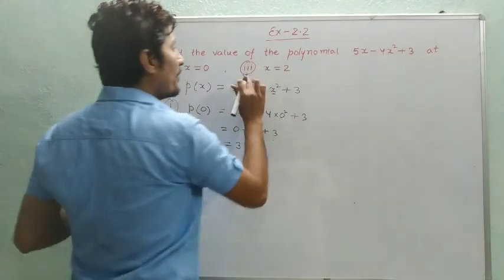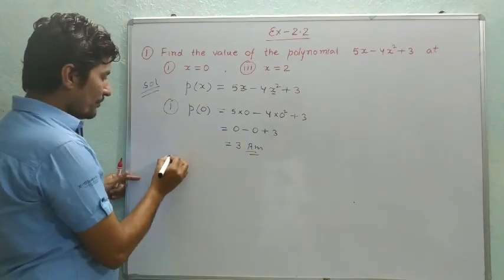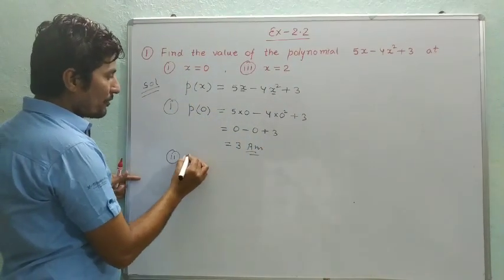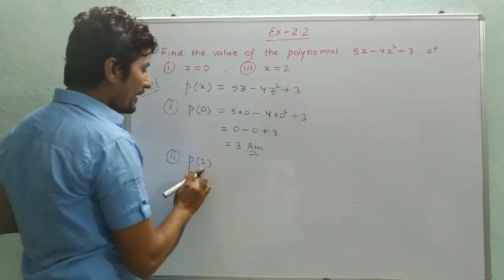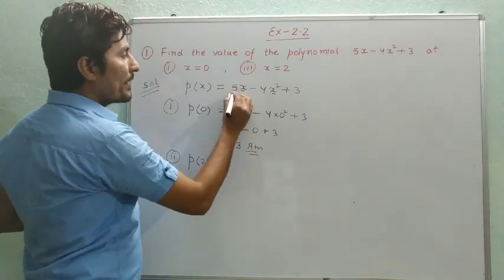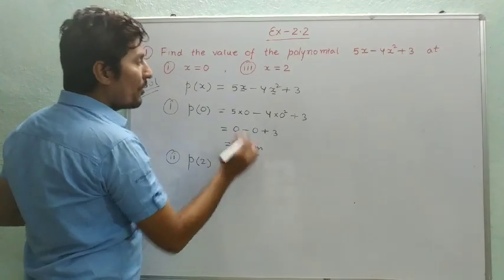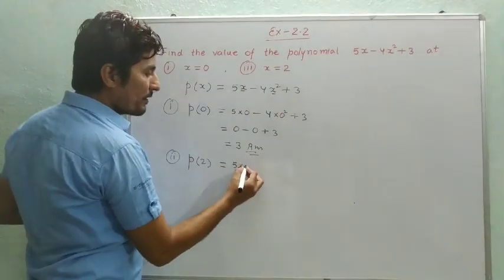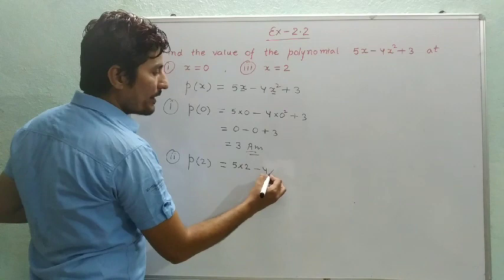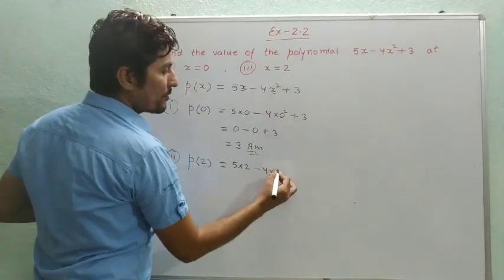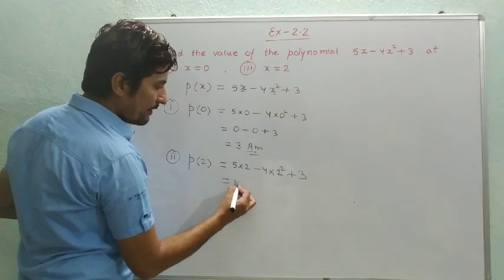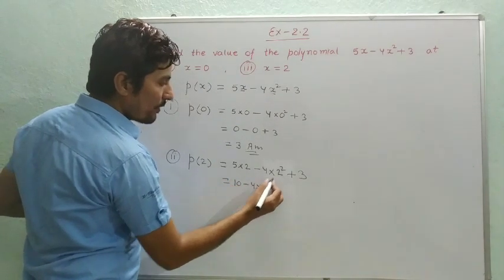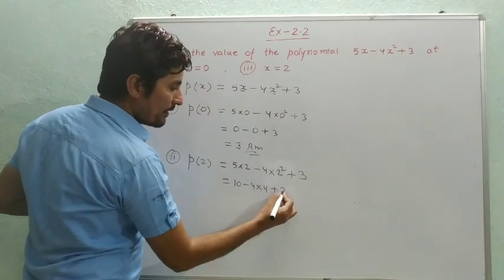Now second question, we have x equals 2. So we can write here P(2). On the place of x, we write 2. Now again 5 will be as it is. On the place of x, we place 2. Minus 4 into x square means 2 square plus 3. 5 times 2 is 10, minus 4 times the square of 2, which is 4, plus 3.